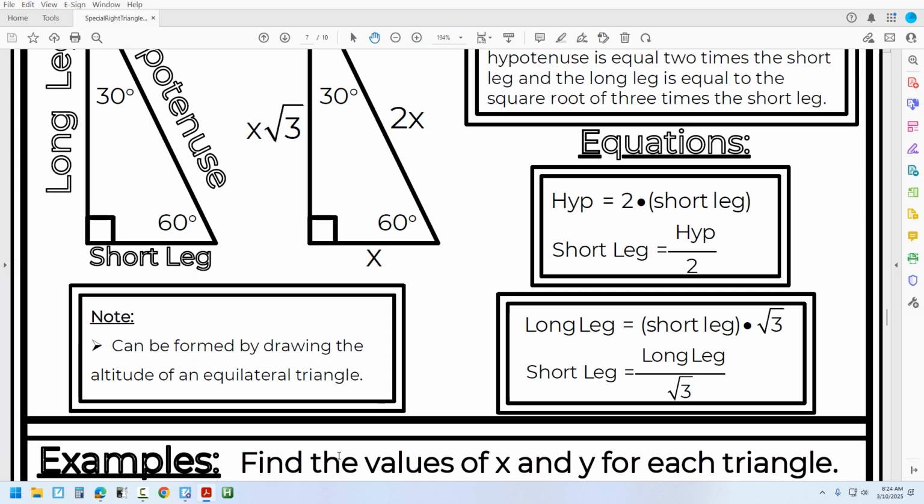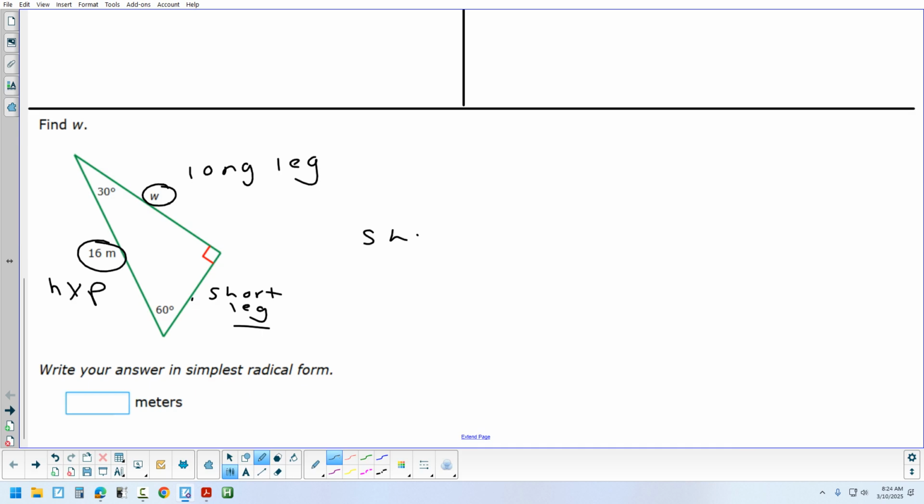Okay, so short leg equals hypotenuse over 2. Okay, how long is the hypotenuse in this problem? 16 meters. 16, yep. And what does 16 divided by 2 give me? 8. Good. Okay, now, is that the answer they want? No. But now I know the short leg, and I needed that to do the formula for the long leg.